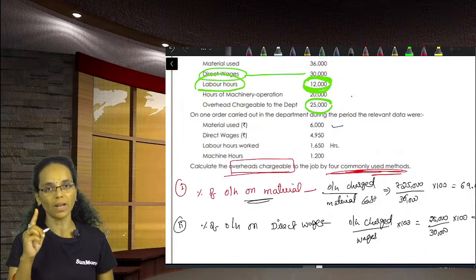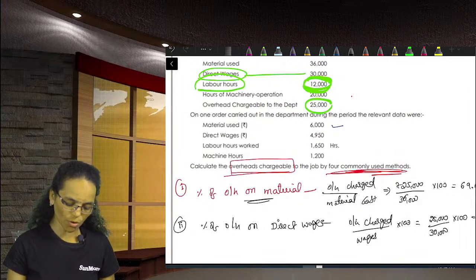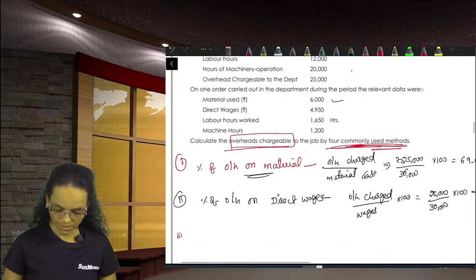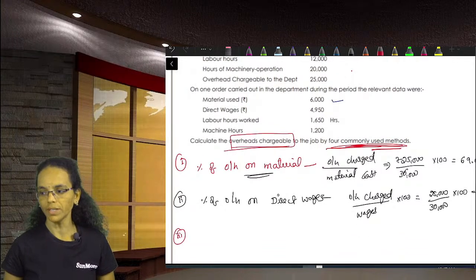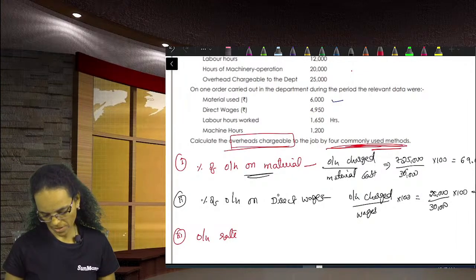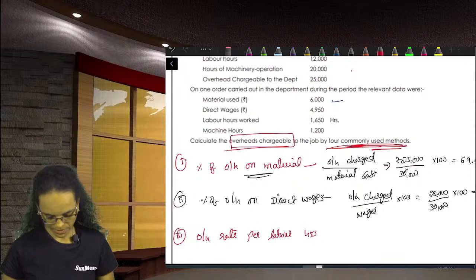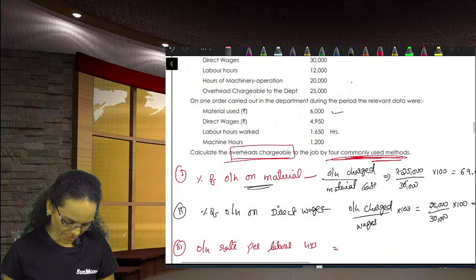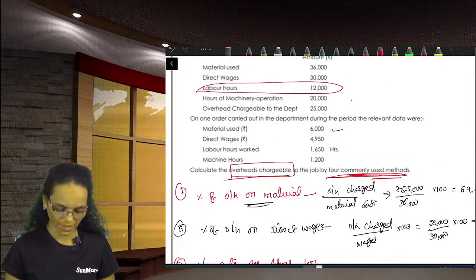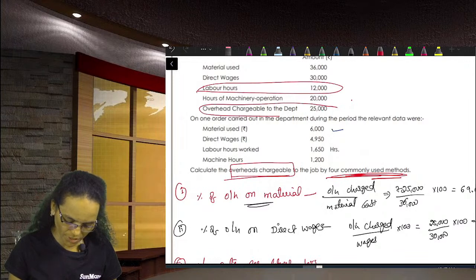So per labor hour, what is the overhead recovery rate? So the third one, overhead rate per labor hour. Laborers worked for 12,000 hours, at that time we incurred overheads of 25,000.